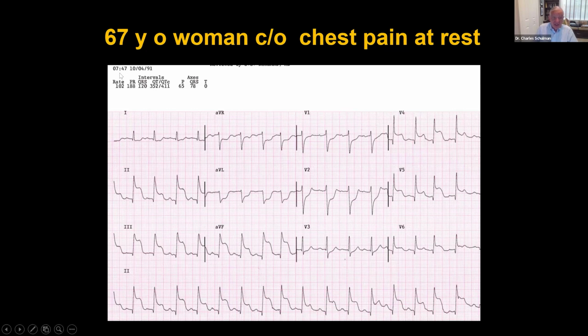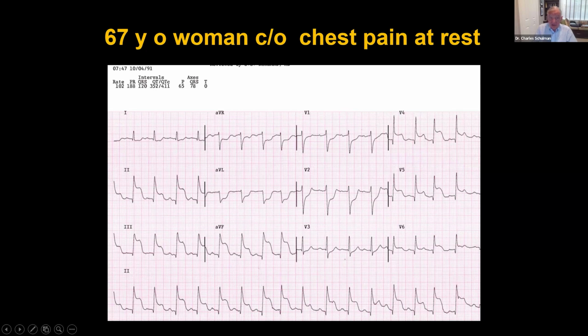Notice the date and notice the time. And what does it show? Well, it shows these nasty looking ST elevations in 2, 3, V2, V4, 5, 6, and ST depressions in 1, L and V1 and V2. Is this a STEMI?